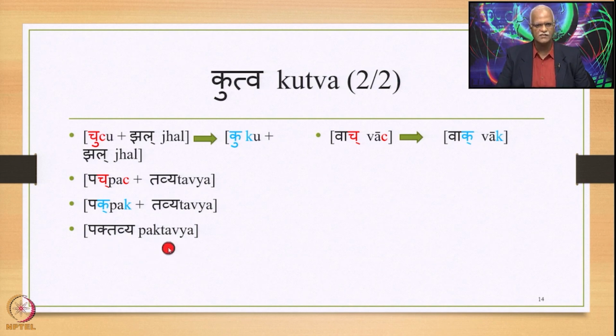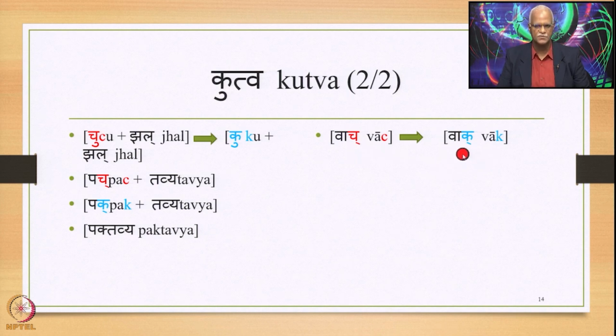And the other example, where cha appears at the end of a pada, is this. So chu at the end of a pada is replaced by ku at the end of a pada. So vach, this is the prathama ekavachana of the word vach, and this cha gets substituted by ka. So we get vak.